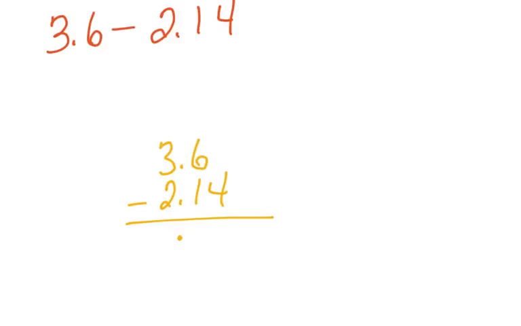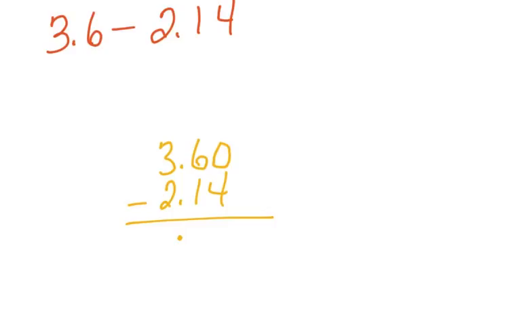When we look here, there's something missing. We can't subtract that because there's no digit in the hundredths place. From what we know, this 3 6/10 can also be 3 60 hundredths. So we can put a 0 right there because that number still represents the same amount.